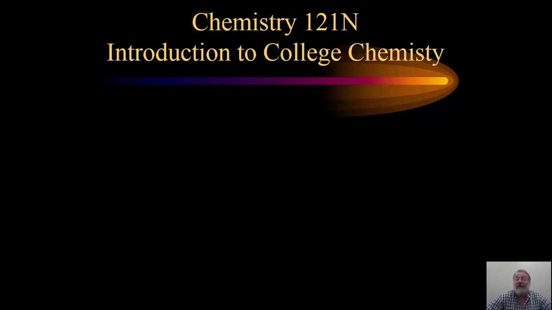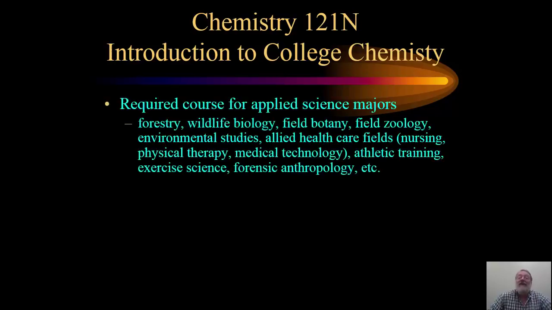It's the largest class on campus. It has about 700 students in the fall and about 300 in the spring. It's a required course for applied science majors. These include forestry and wildlife biology, which are some of the most prestigious majors at the University of Montana because students come to Montana to study our wildlife, the grizzly bears and the elk and the wolverines and the mountain goats.